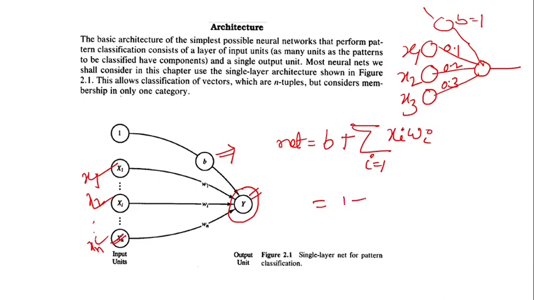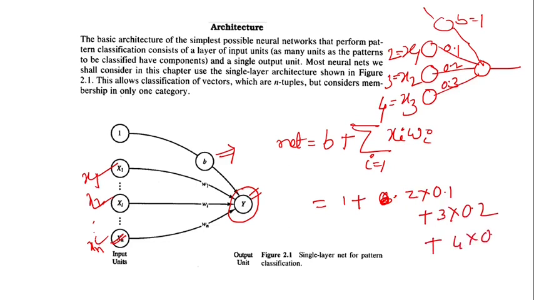So in this case b equals 1, and then 2 into 0.1 plus 3 into 0.2 plus 4 into 0.3. So this is the total output we have.